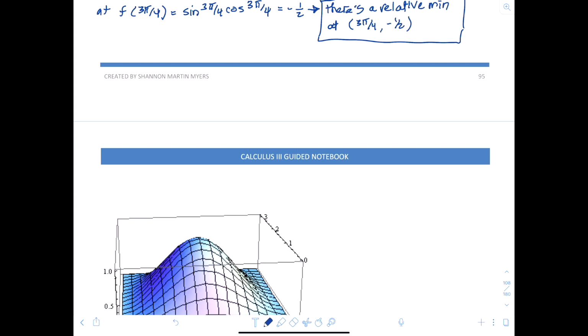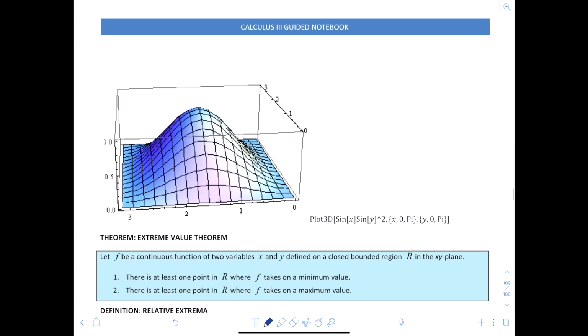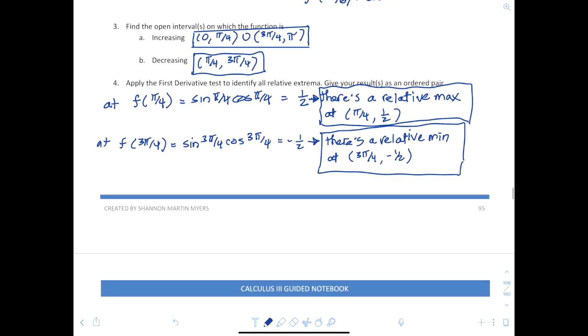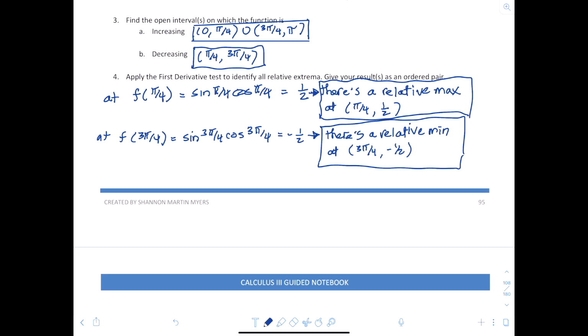All right, so here we go. When we're looking at the extreme value theorem, the way this first derivative test works is, if you think about it, when your first derivative is 0, that means there's the potential for a horizontal tangent line at that point, and that's in the plane.